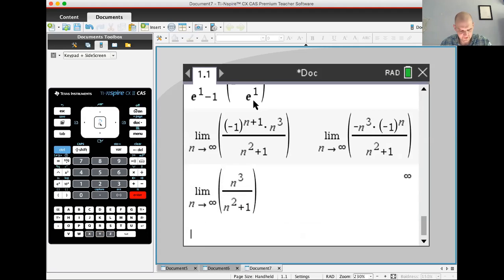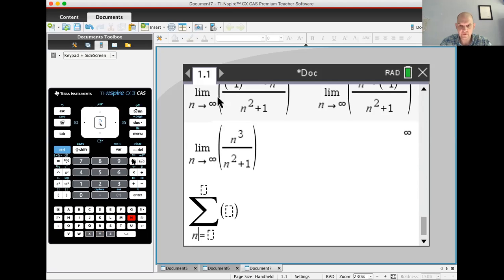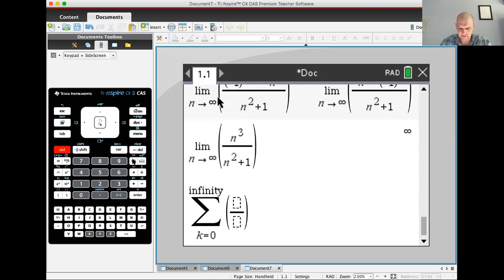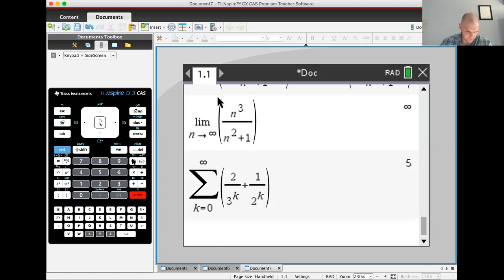So this definitely diverges. And then our next one is the sum from k goes from 0 to infinity of 2 over 3 to the k plus 1 over 2 to the k. And 5 is what we got.